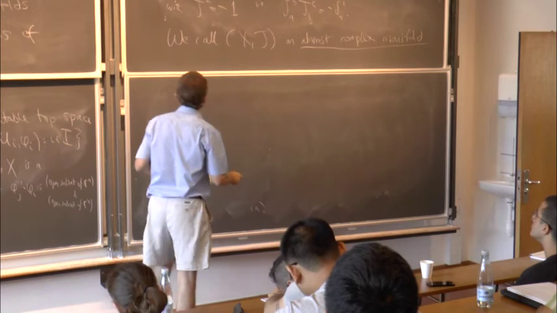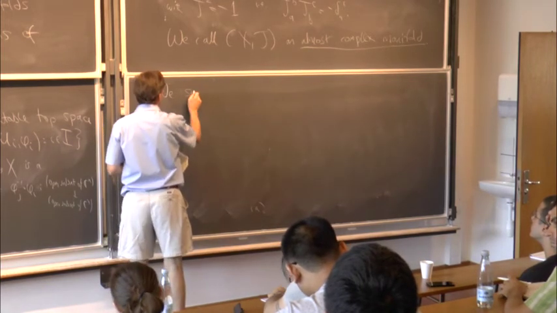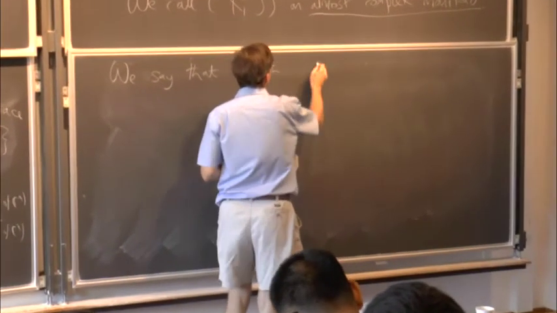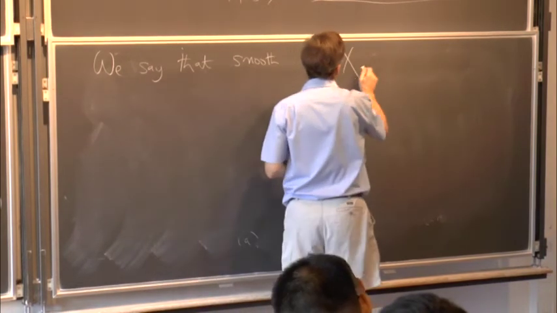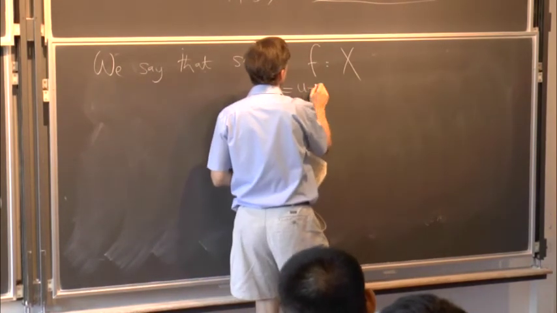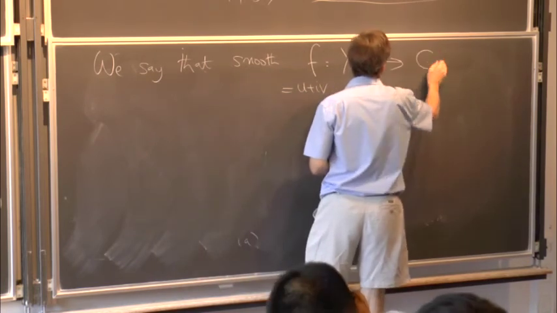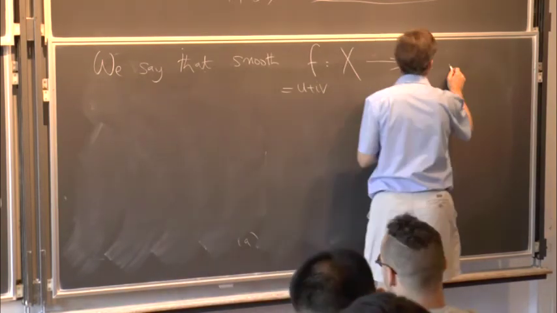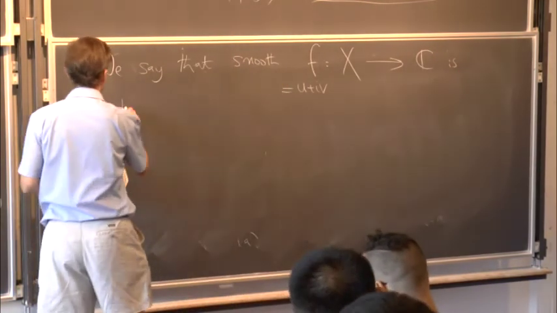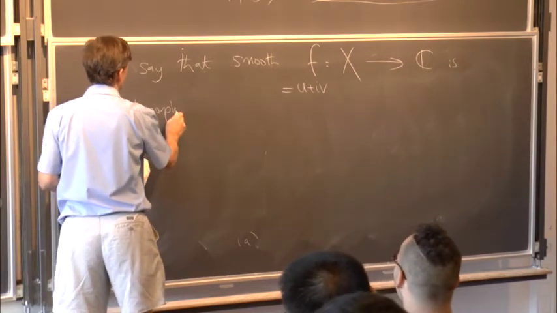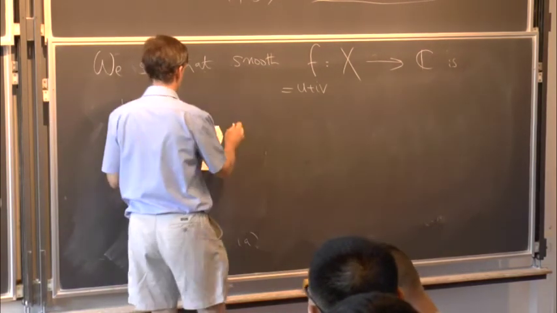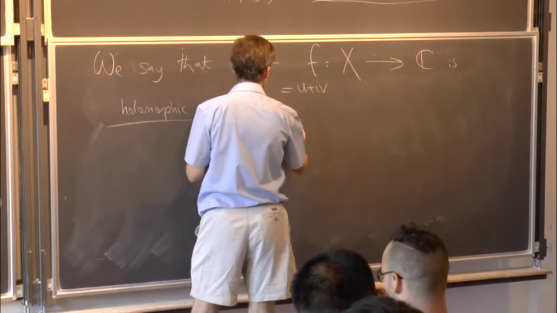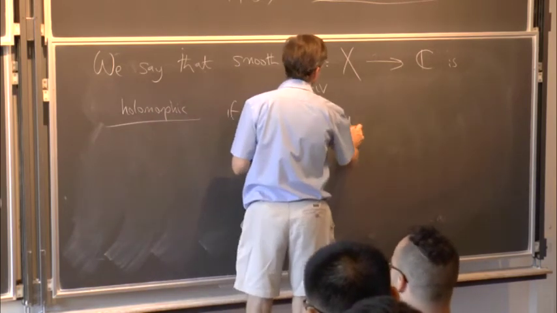Okay, so next let's define, we say that some smooth function f, going from X into the complex numbers, which can also be written u plus i times v, so u is the real part and v is the imaginary part, is holomorphic if on the derivatives J_a^b dv_b is equal to du_a.